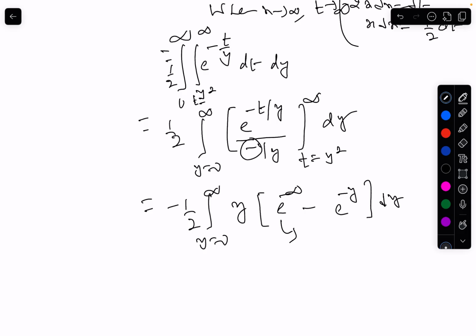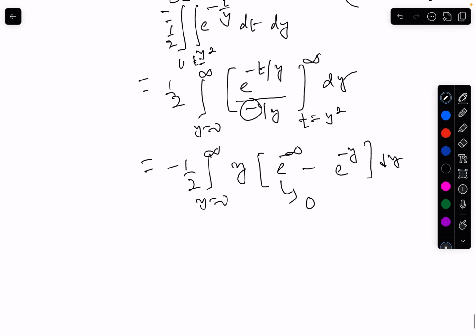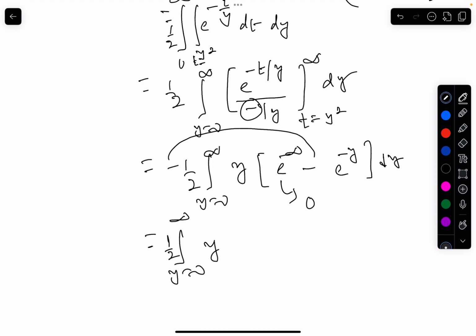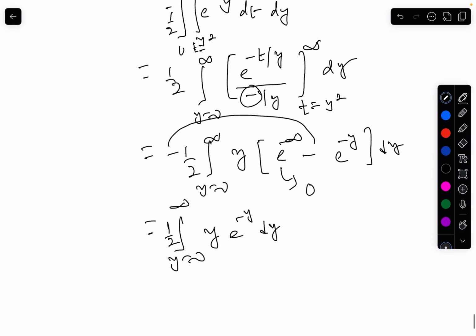Now e power minus infinity is 0. And this negative sign, we can write negative, negative, positive. So y equal to 0 to infinity, this is y, and this is 1 by 2 here, e power minus y dy.